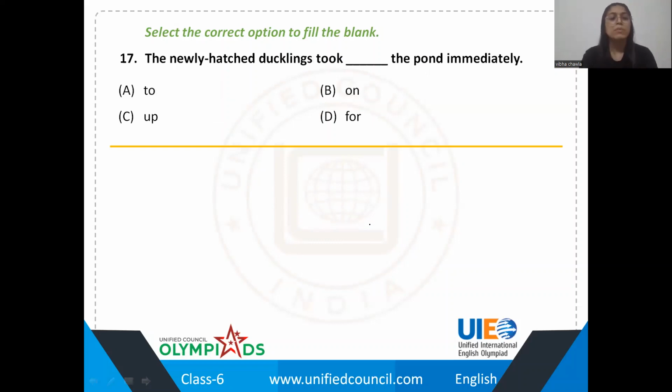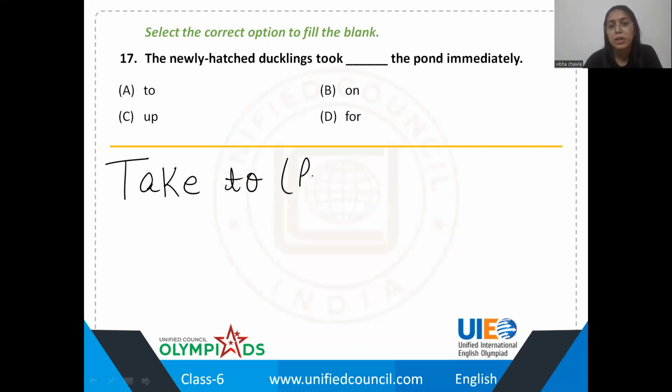Then we have question number 17. The newly hatched ducklings took blank the pond immediately. The options are: 2, on, up, 4. So the right phrasal verb is take to.